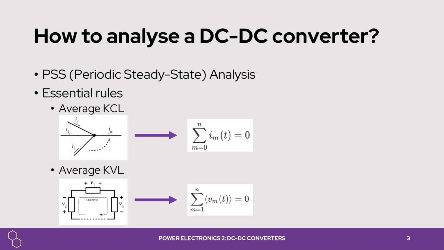Also, we assume that the following rules in circuits also hold in the average domain. This is really important as well. We are taking the average result of the calculations, because there are many variances, and we take the average of them. That's why they can be formulated that simply.